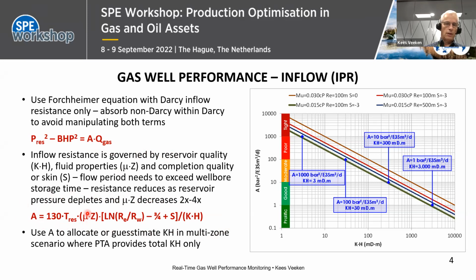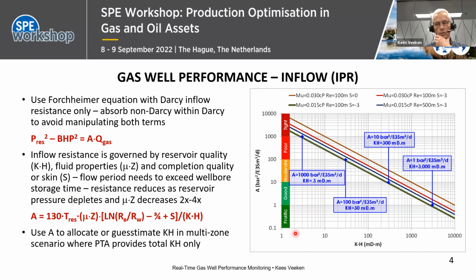It's dictated by viscosity, drainage radius, skin, completion skin, and the most dominant parameter is your permeability height product. So the overriding parameter that drives inflow performance is the KH, as we call it, of the reservoir.